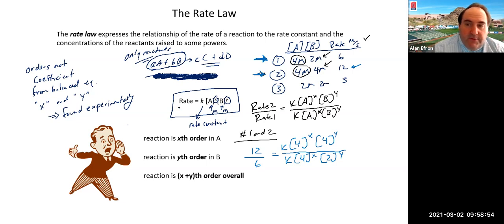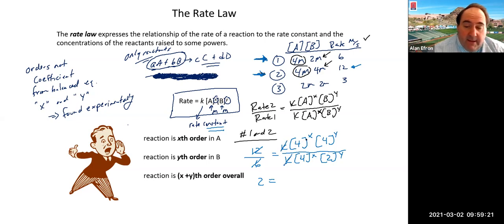Okay. So what we can now do is some math to help us out. If we take 12 divided by 6, that is 2. The k on top and the k on the bottom is the rate constant. Since it's a constant value, although we do not know what it is at this moment, we do know it should be the same number, so those cancel out.